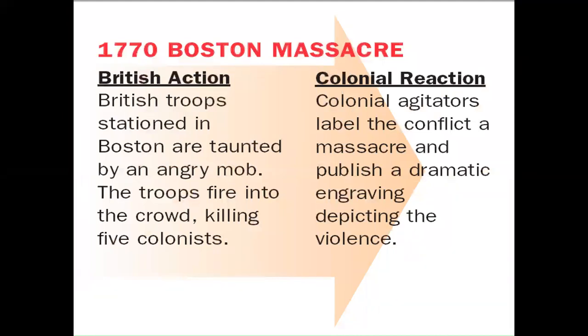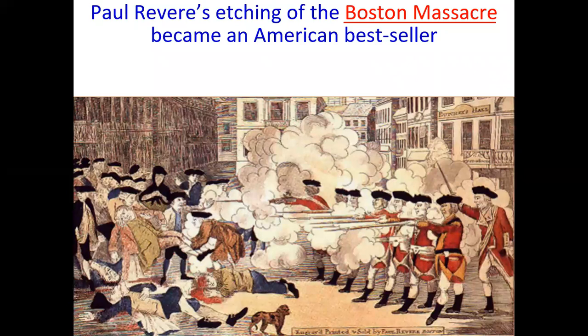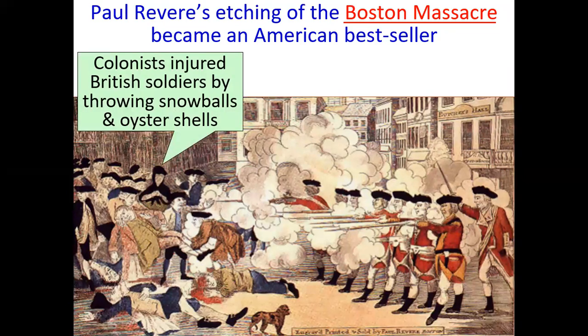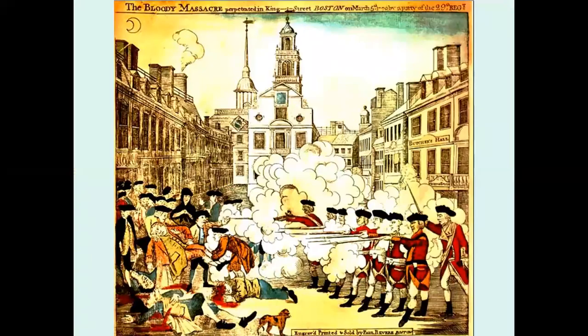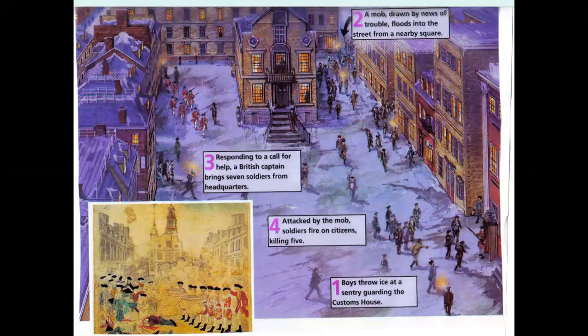Now, the first big bloody event is the Boston Massacre of 1770. This right here is probably the best demonstration that I can give you for it. We have some neighborhood boys in Boston, teenagers more than likely.